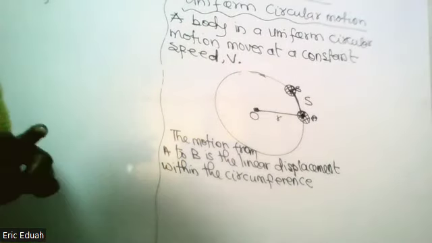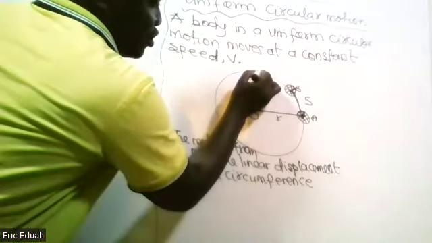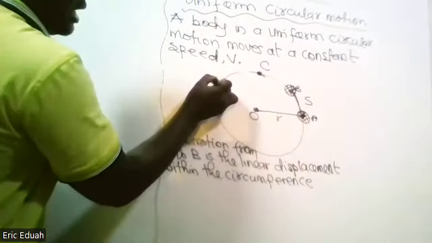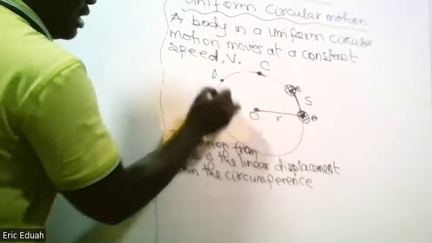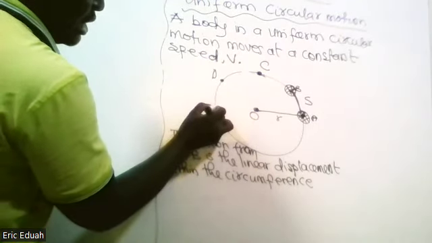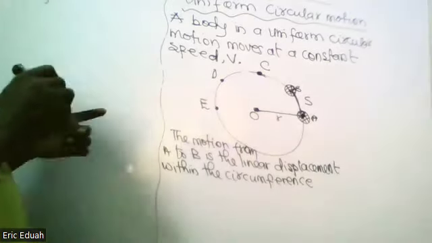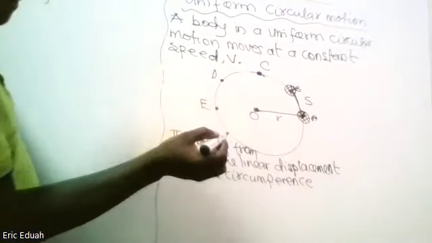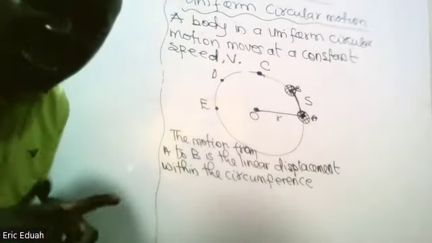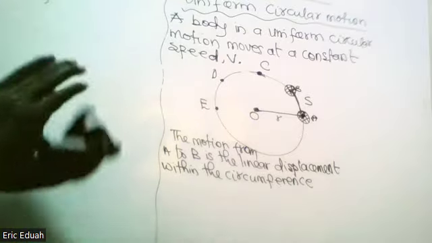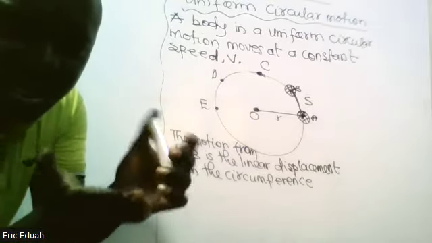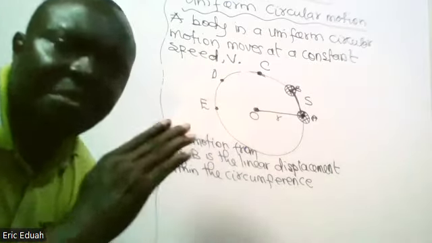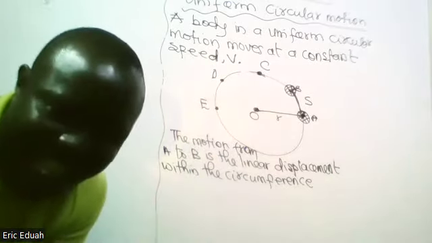Now, let's assume the body moves from A, B, C, and then D, then finally E. Every movement of the body connects to a certain angle, which is drawn or swept by the radius of the circle at the center.